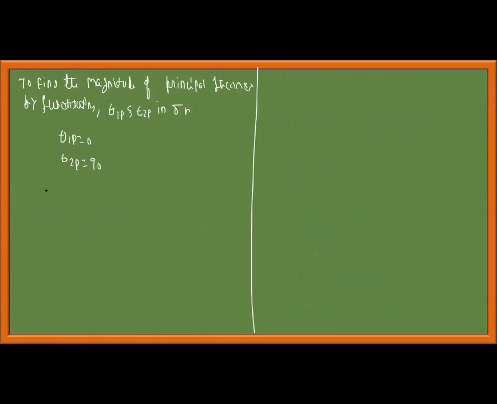Substitute these values in sigma n. To find the magnitude of principal stresses, sigma n is equal to sigma x plus sigma y by 2 plus sigma x minus sigma y by 2 sine 2 theta. For theta 1p equal to 0, sigma 1 will be equal to sigma x plus sigma y by 2.